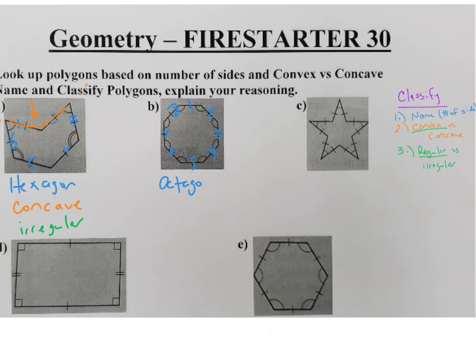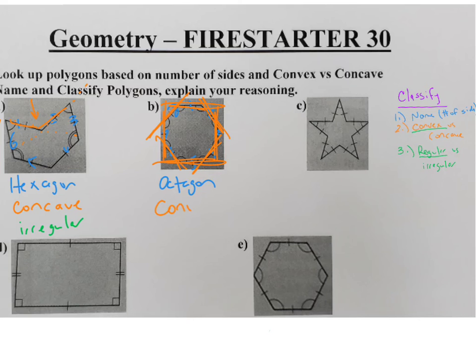I'm using these names from the previous Firestarter. Now I look and say all the angles are congruent, all the sides are congruent, and most importantly, I see that it's full. There's nothing dented. Basically what it means is if these sides were to go on forever, none of them would go inside the octagon itself.